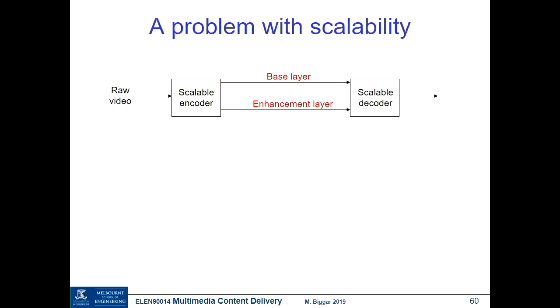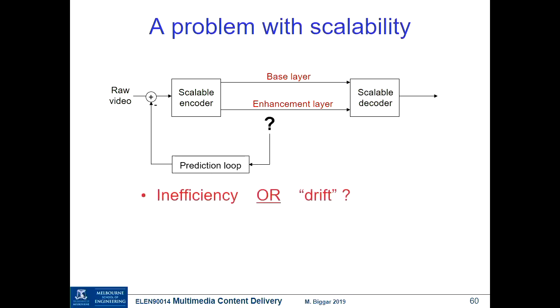So we end up with this choice. Essentially, we have inefficiency, or we have this drift problem. When we make this scalable encoder efficient by using as much information as we can for the prediction, then some of the decoders will drift.